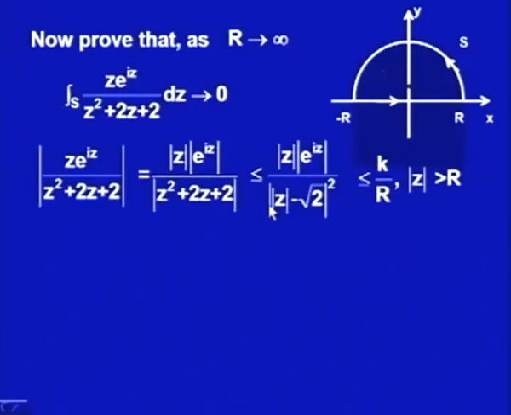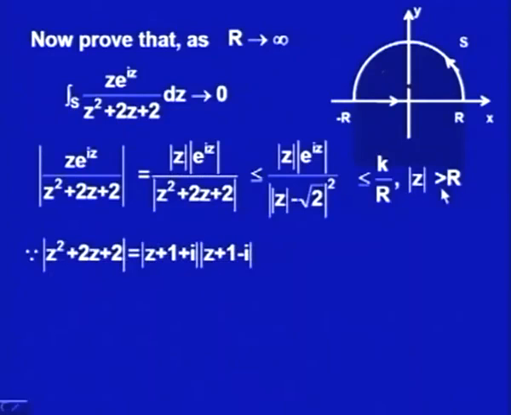Since mod z is greater than r, 1 upon mod z would be less than 1 upon r, and what remains is e to the power iz. We know the absolute value of e to the power iz is 1. So what remains is a constant upon r. We have got that this is bounded by k upon r when mod z is greater than r.